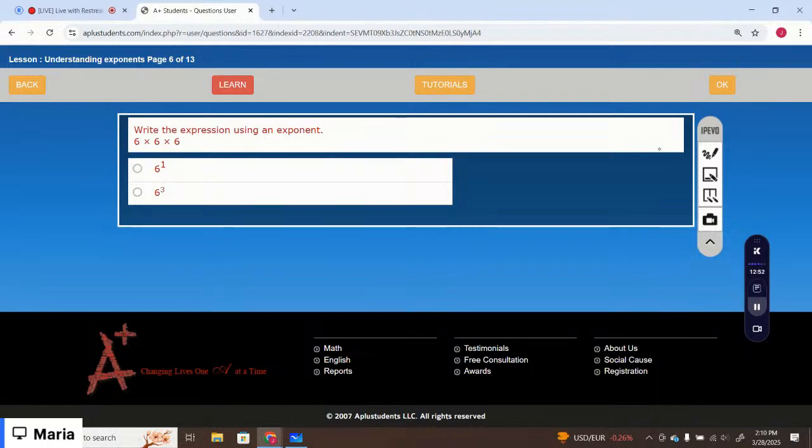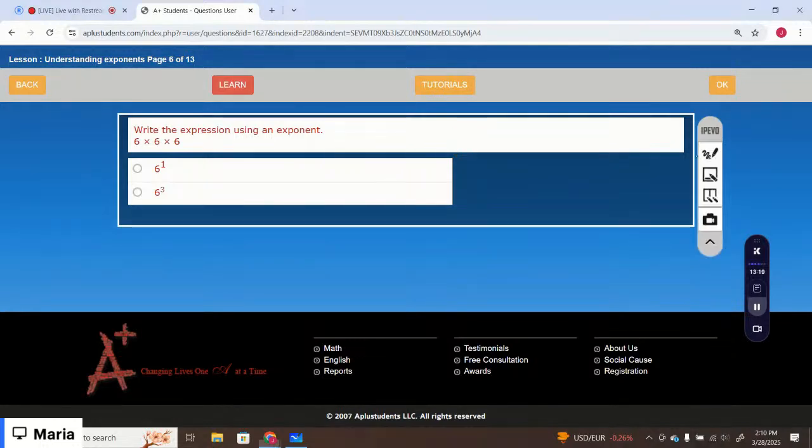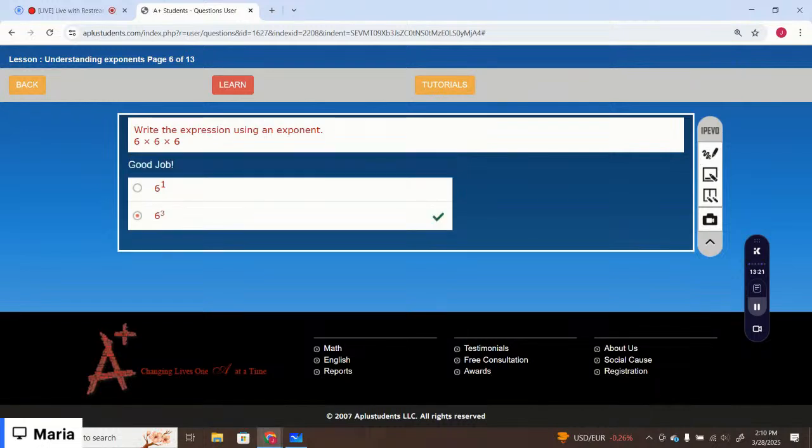So you can write it as 6 cubed. Option number 2 is the correct option.